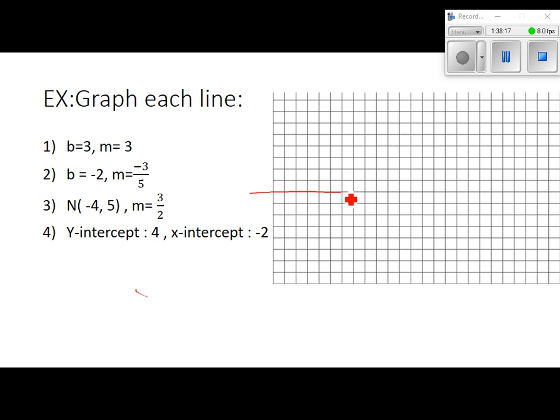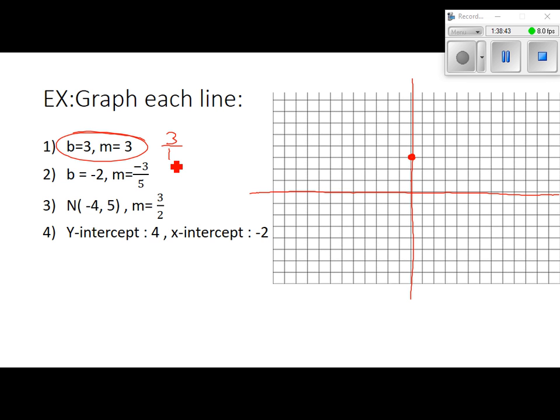On these, if we're graphing these lines, to graph them, just look at what you have. Our y-intercept is 3 for this first one, so that just means we go up 3 and we put a dot. Then our slope is just 3.